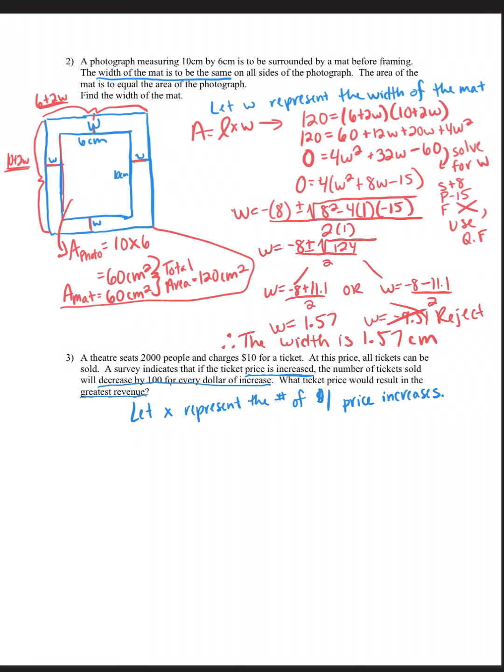When we see greatest revenue, we should be thinking we're going to find our maximum, which means we're going to need to find our vertex, which means we probably need to complete the square.